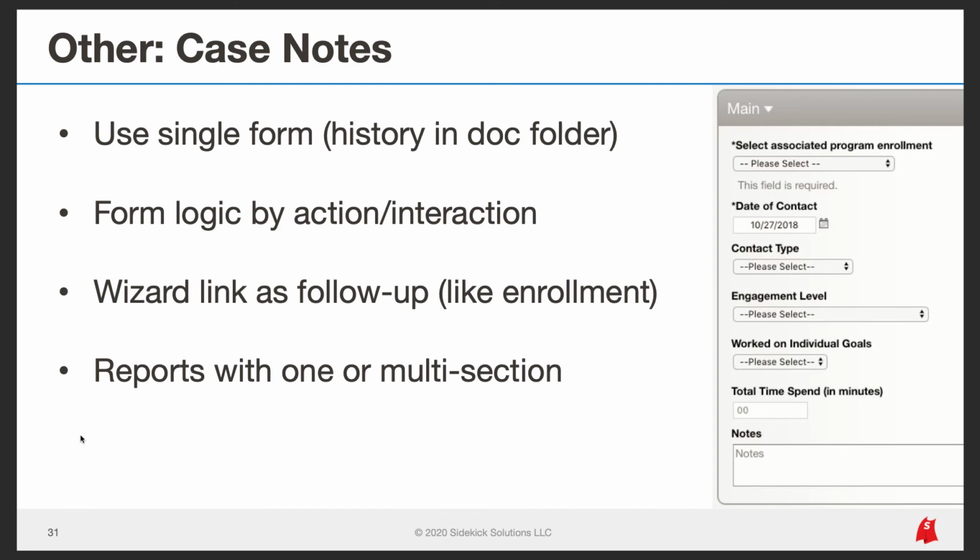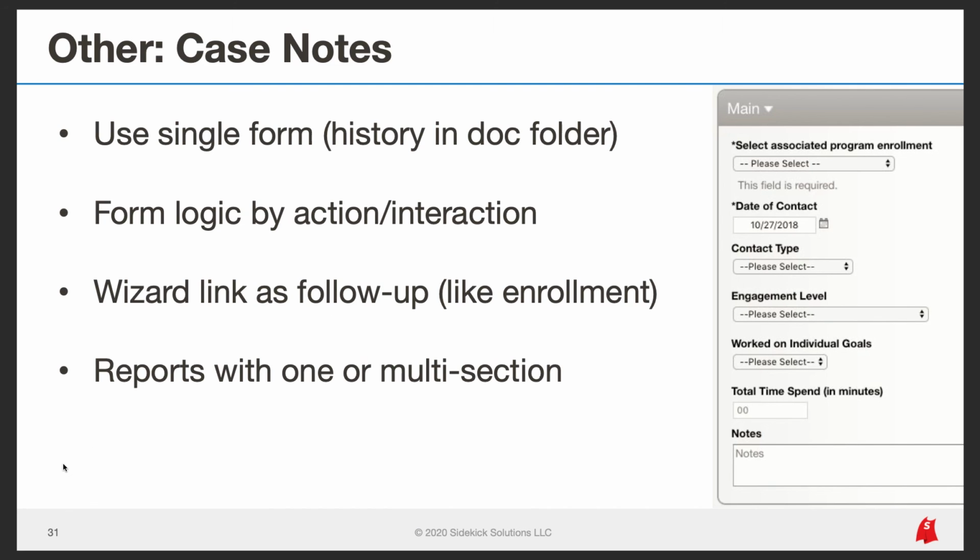Some other options that you might consider is adding a wizard link as a follow-up record, potentially to the bottom of a referral form or at enrollment. If you're ever making any follow-ups with an individual, maybe at discharge or after discharge, or if you're following up on a referral, that wizard link could be used to log a note right from the record you're on instead of navigating back to the document folder.